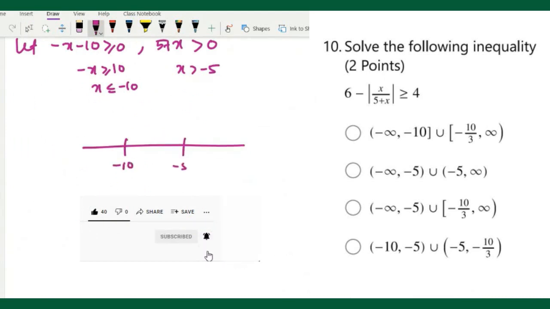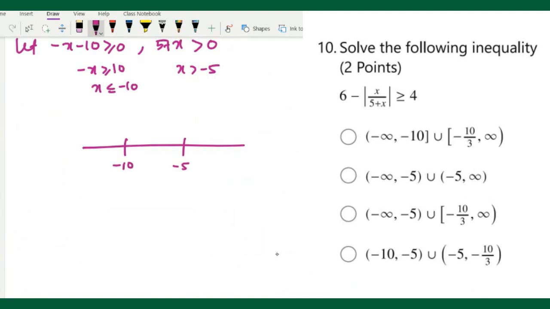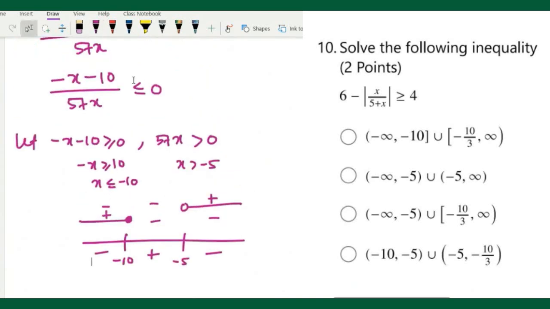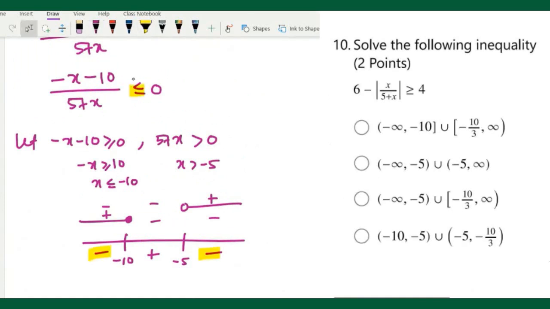Okay, so do your positive negative number line. Negative 10, negative 5. So positive, negative, negative, negative, negative, positive. So you should end up having negative, negative, positive, negative. So kita nak ambil kawasan mana? Less than, kita ambil kawasan negative.